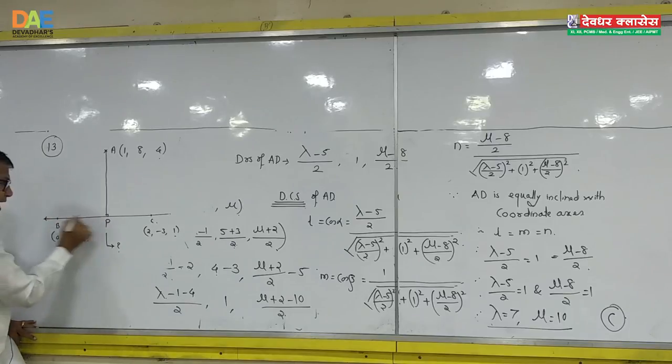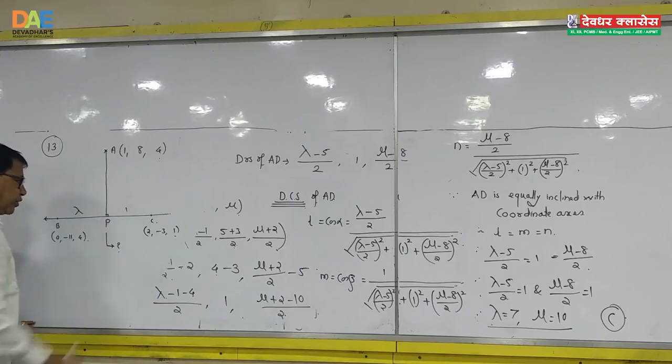Let P divide BC internally in the ratio lambda to 1.